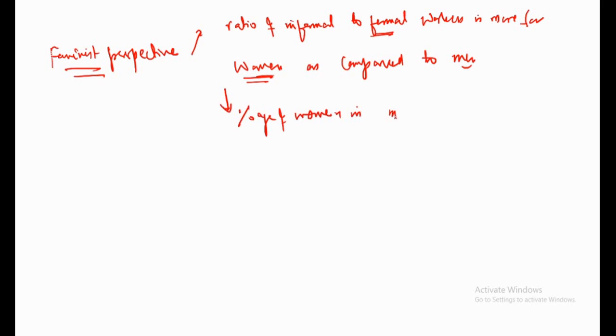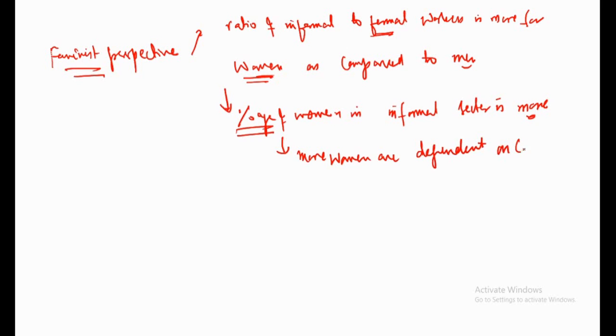in the informal sector is more as compared to men, the percentage, not the number. So it means that more women were dependent on cash, because we are talking about that time.